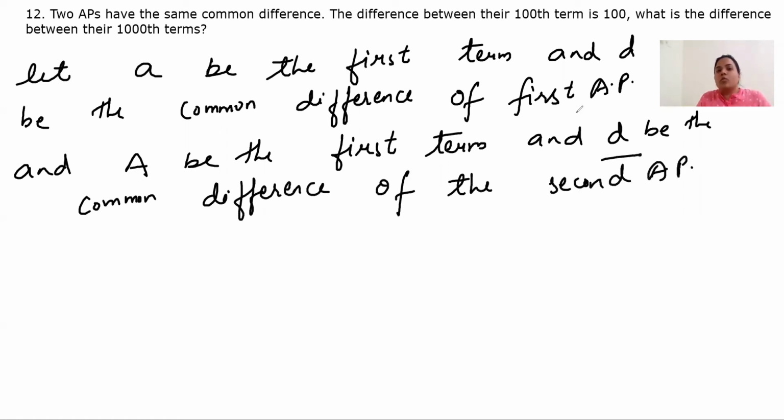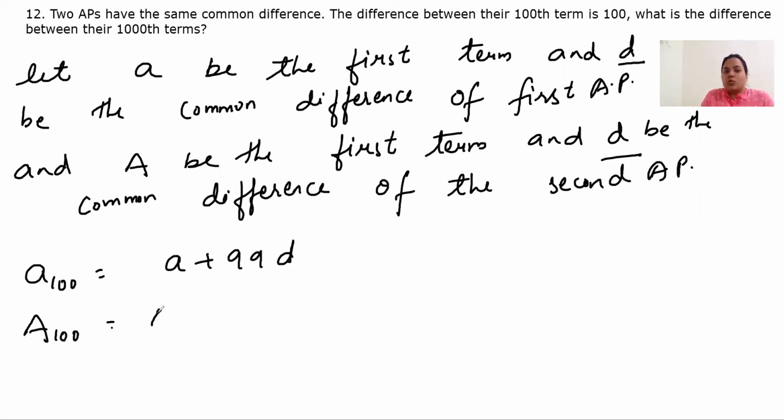Fine. I have written D only here because it is written that the common difference is equal. And the difference between the 100th term is given. So in the first case, A100 is equal to A plus 99D, and capital A100 is equal to capital A plus 99D.